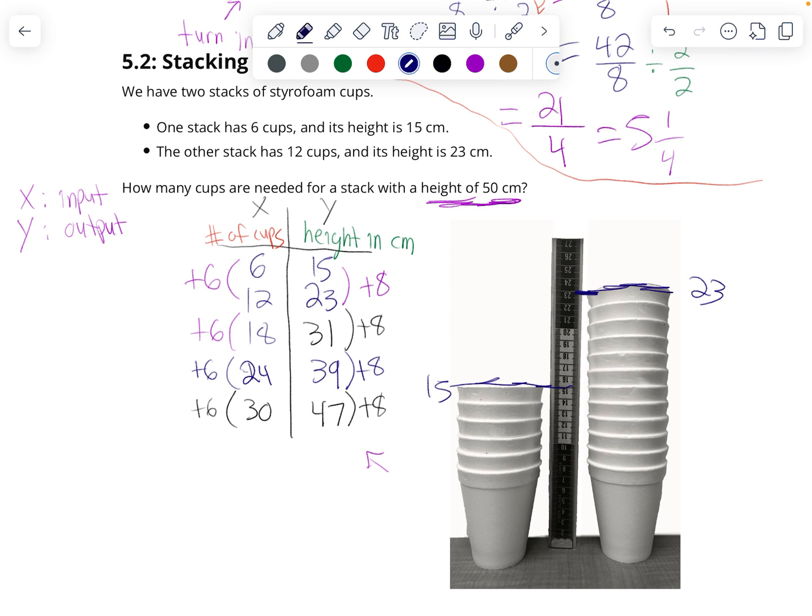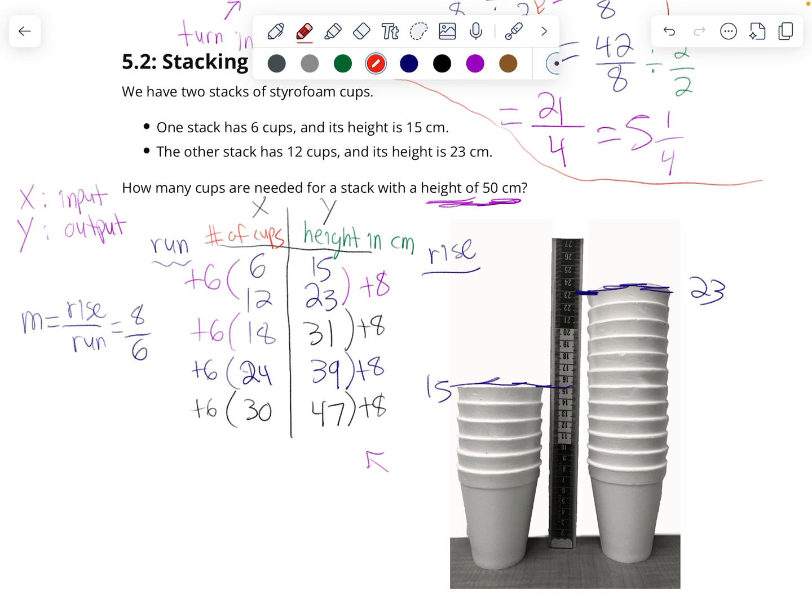So that proportion that we talked about, the rise over the run, all the x's that I'm adding, that's my run. All of the height and cups that I'm adding is my rise. So rise over run. From what I have been doing so far, it's 8 over 6.